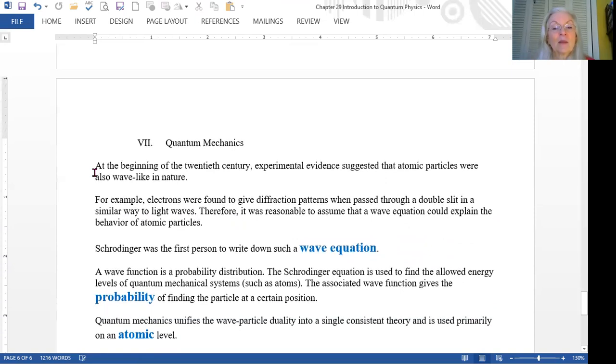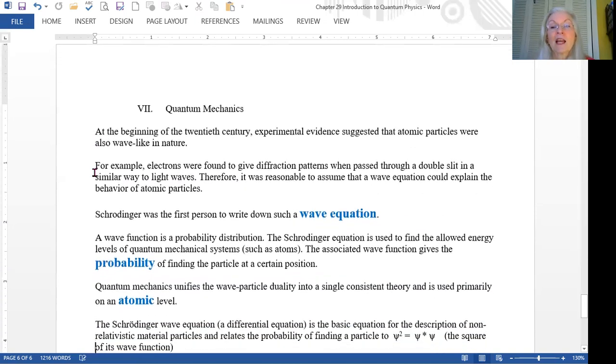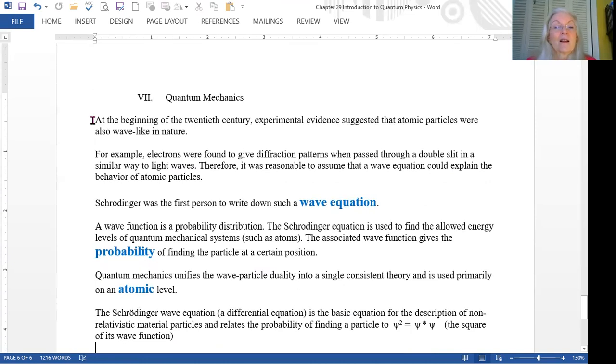So just a little teeny bit about quantum mechanics. Back in the last century, they began to suggest that atomic particles were also wave-like in nature, and things that have waves move in a fashion that's best predicted by probabilities rather than absolutes. So Schrodinger is famous for coming up with an equation to describe this wave nature.